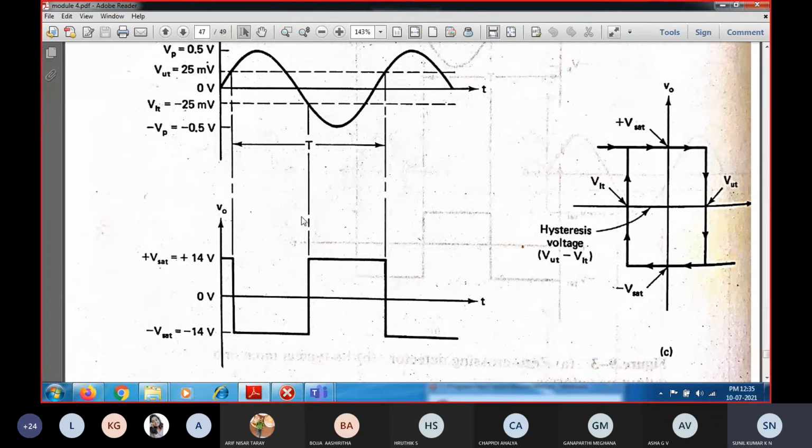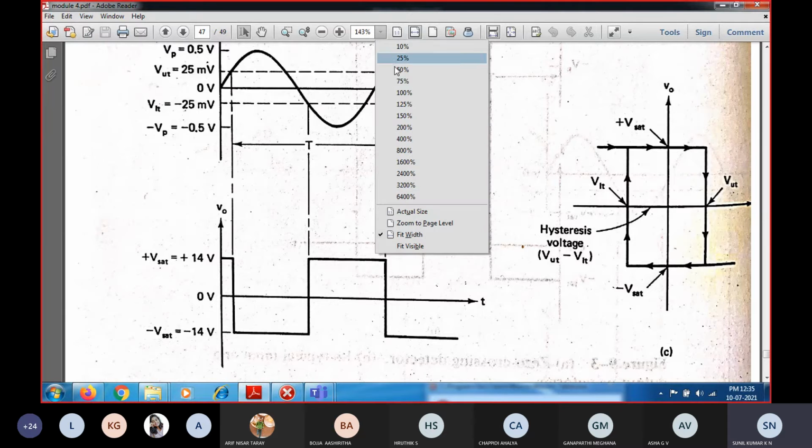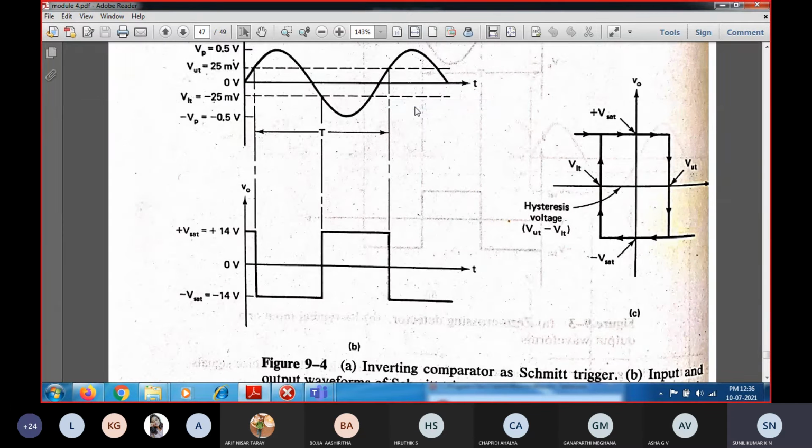Now, along with this, a very important thing is the hysteresis curve. In this hysteresis curve also you can analyze the circuit. Here you can see the input and output respectively. This is nothing but the transfer characteristic.